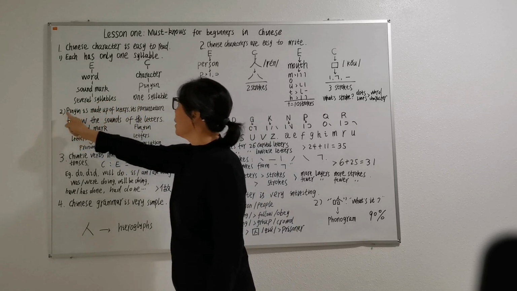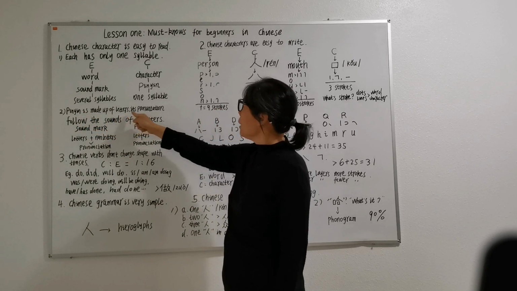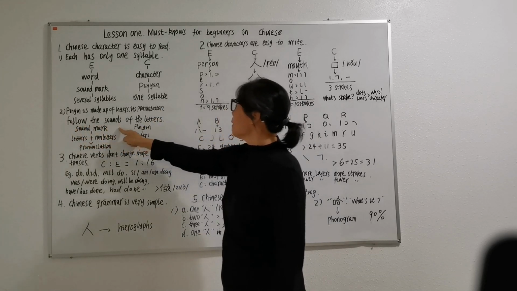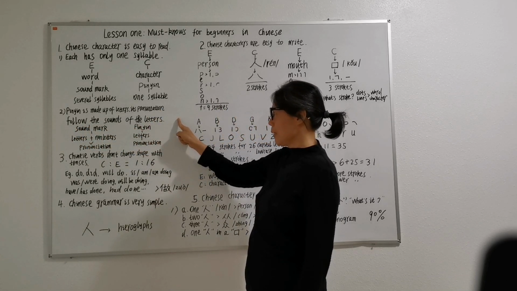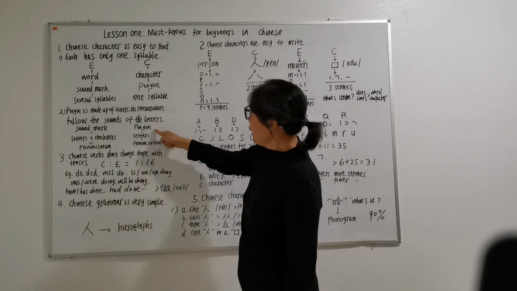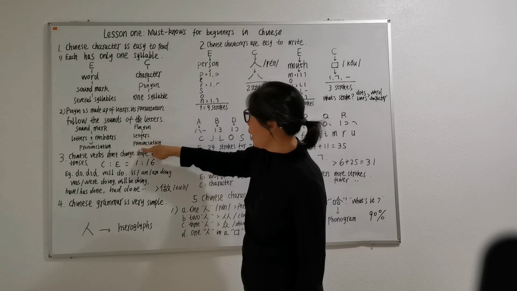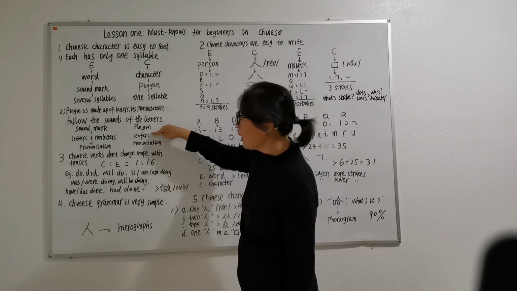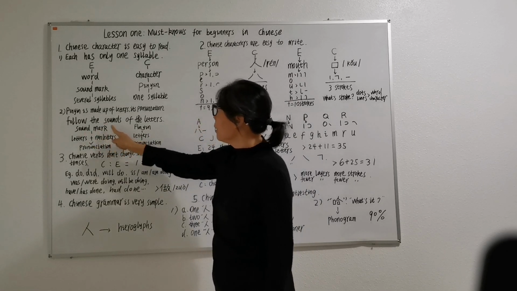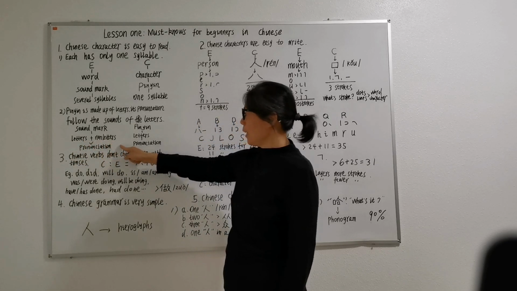Another reason, pinyin is made up of letters. Its pronunciation follows the sounds of the letters. Another comparison. Pinyin is made up of letters, and its pronunciation follows letter sounds, while the sound mark is made up of letters and non-letters.